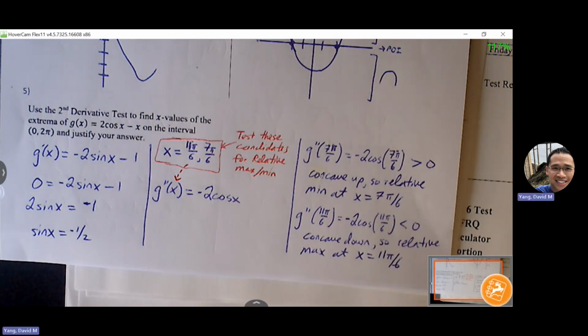I can say relative min there because g double prime is positive. Yes, you can. I'm saying concave up because a lot of students associate positive with max and negative with min. So I want to keep reminding us that if you can visualize the shape, then you're going to have an easier time of avoiding mistakes.